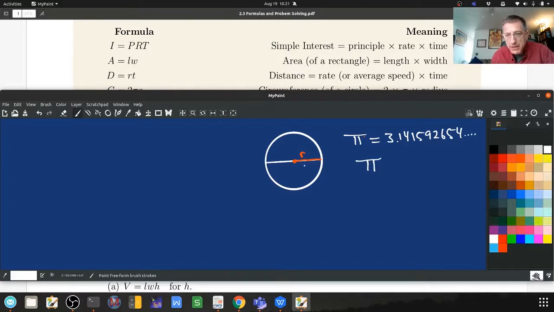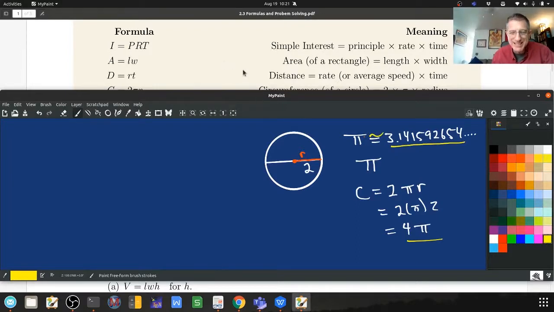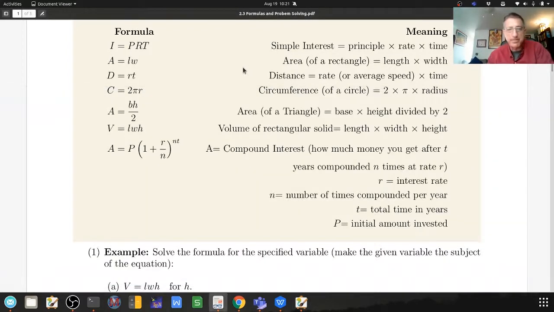So if the radius here were 2, then the circumference is equal to 2 times pi times r, which is 2 times pi times 2, which is 4 pi. And that's the form we want it in. Just pi. You don't go up and approximate pi. You just write it in its exact form.